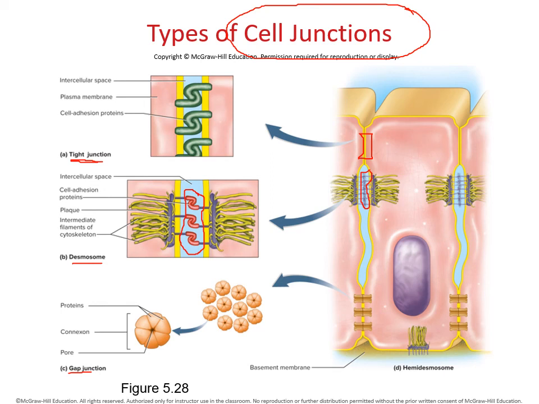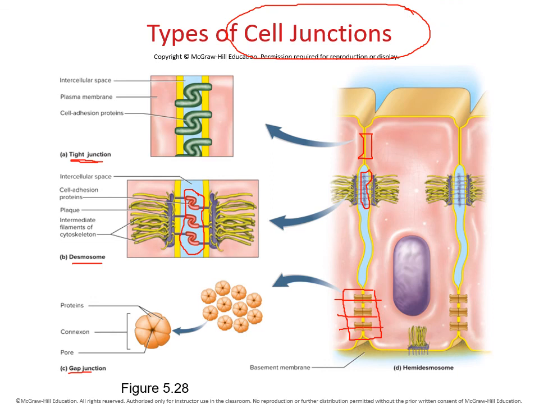So you had your tight connection, which is just physical connection, non-permeable. You have your desmosomes, which means that I'm anchoring and I'm able to tug and come back to its original location. And then the third one is a gap junction. In gap junctions, as you can see, we almost make these little hole punches, these little channels that allow the cells not only to connect to each other, but also to share cytoplasmic content.